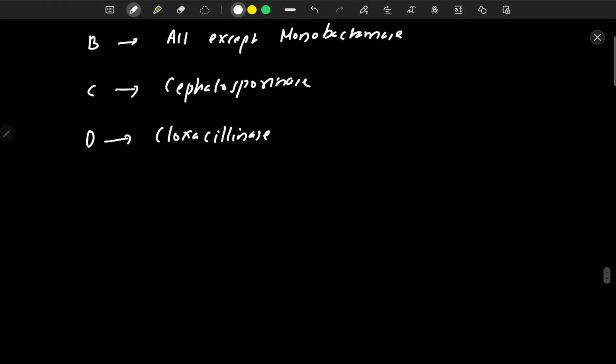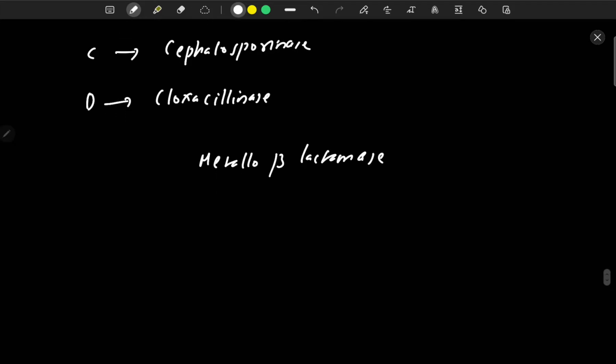Recently there is a beta lactamase called metallo-beta lactamase, such as NDM1, that is New Delhi metallo-beta lactamase 1.